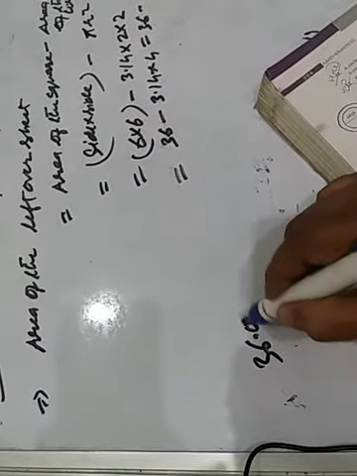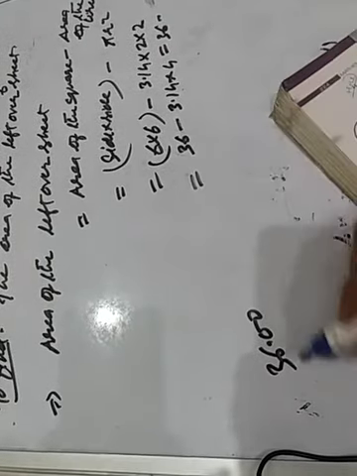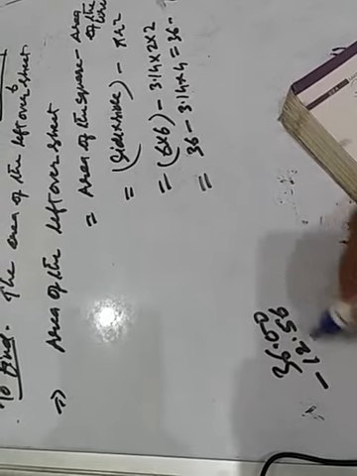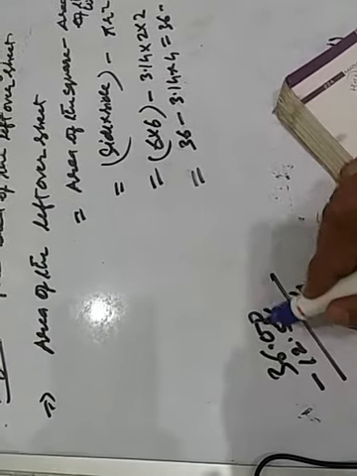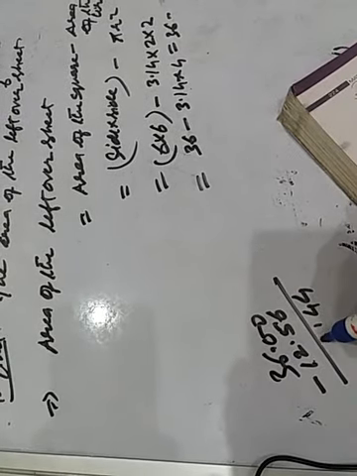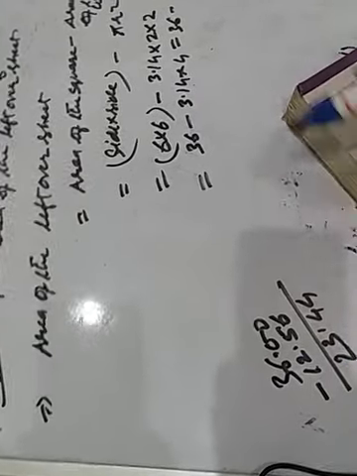How to subtract it? You must be knowing, 36.00 has to be subtracted by 12.56. 10 minus 6 equals 4, 9 minus 5 equals 4, 5 minus 2 equals 3. Clear? And now 3 minus 1 equals 2. Equal to what?